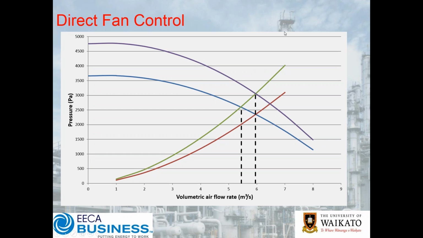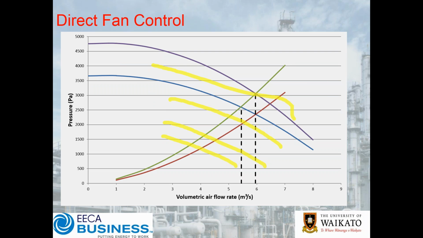So if we look at what this means in terms of direct fan control, if we're changing the fan, we're looking at changing our fan curve. And so if we just get our highlighter here, as we change the fan speed, we have a series of fan curves which is moving up and down our system curve.